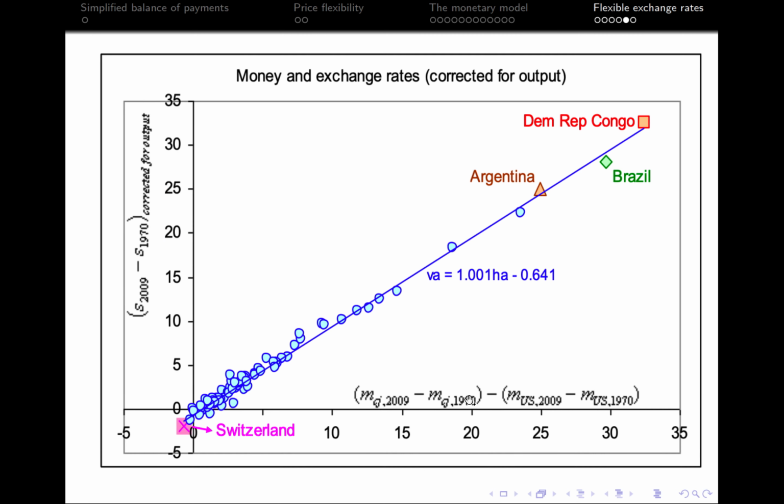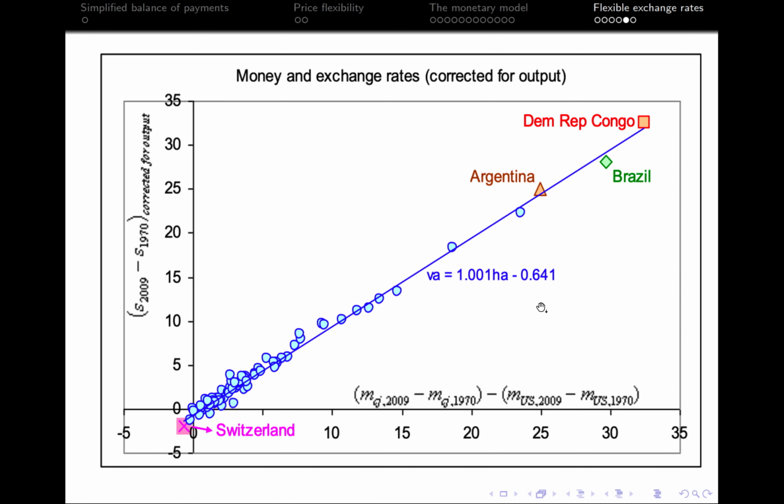Here we have differences in money supply growth, and here we have exchange rate corrected for output. We see over here that we've got a line basically going through the origin and has a slope of 1.